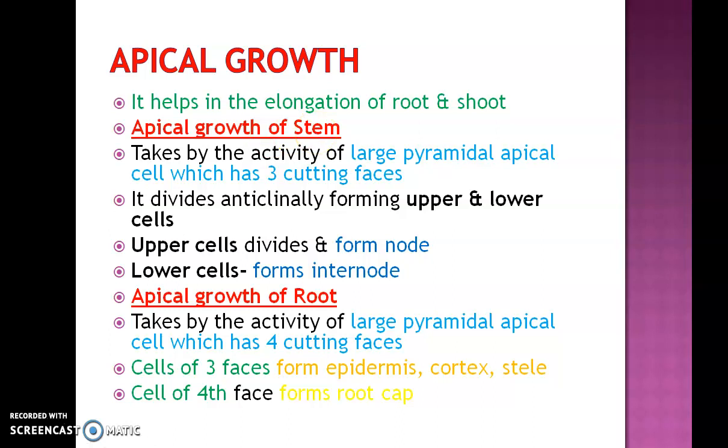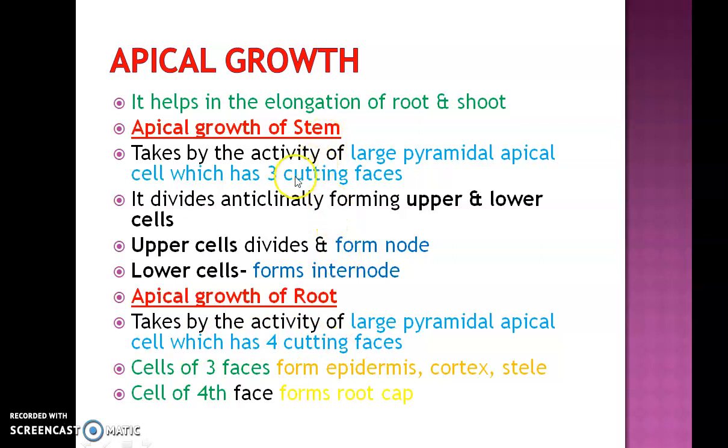It is due to the activity of a large pyramidal apical cell which has three cutting faces. The apical cell divides anticlinally to form upper and lower cells. The upper cell forms the node while the lower cell forms the internode. Regarding the apical growth of root, it is due to the activity of a large pyramidal apical cell which has four cutting faces.